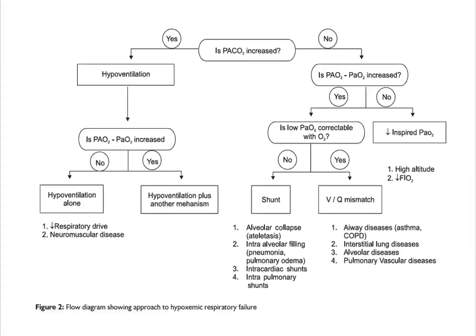In the context of the question, see what the patient has: an airway disease like asthma or COPD, an interstitial lung disease, or any alveolar disease. Suppose even with additional oxygen your A-a gradient is not correcting, that indicates a shunt. This is how you need to interpret your ABGs.